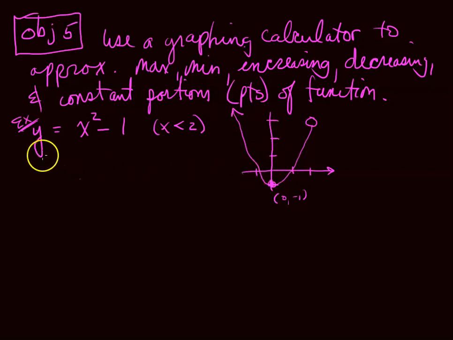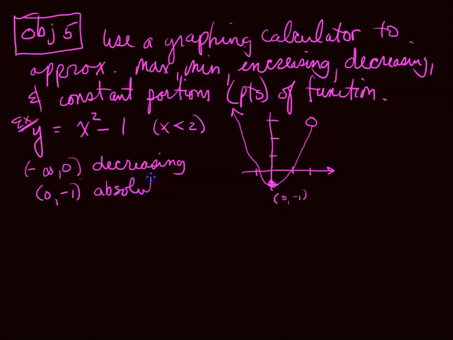So, where is it? Let's go from negative infinity up to 0. This is decreasing. At 0, that's 0, negative 1, this is an absolute minimum.